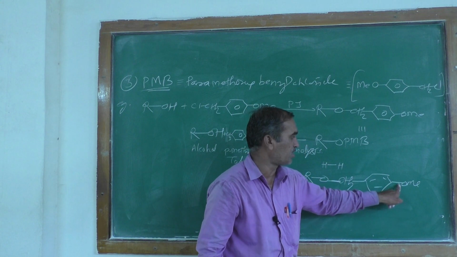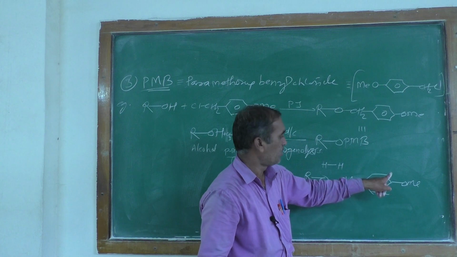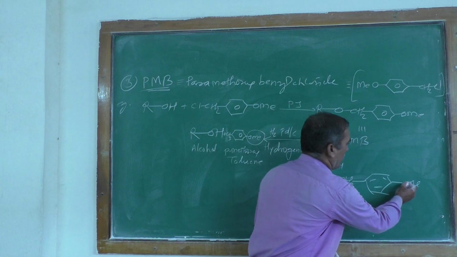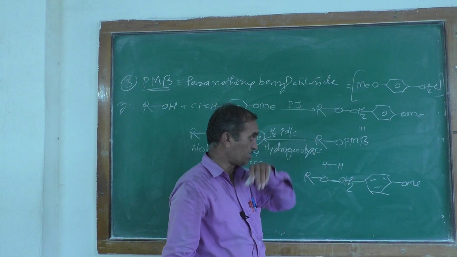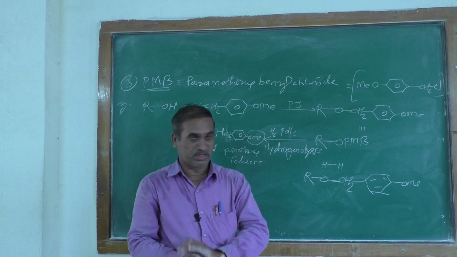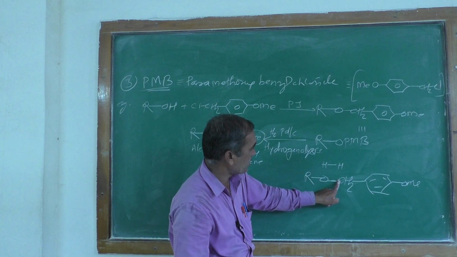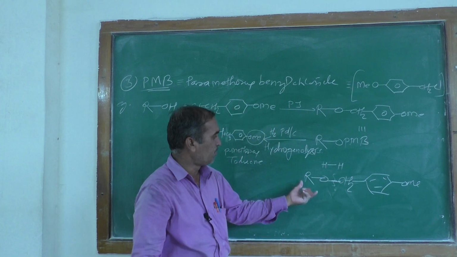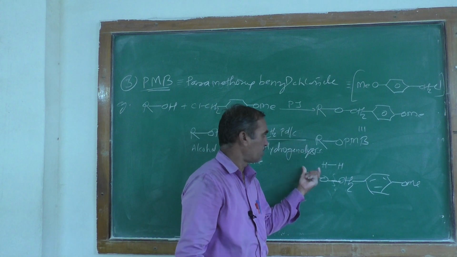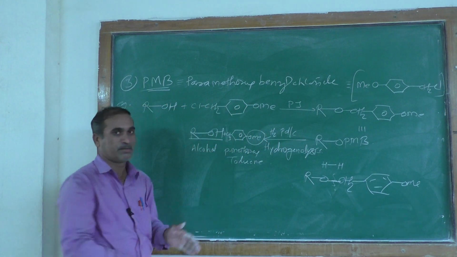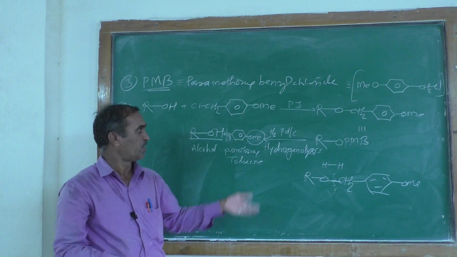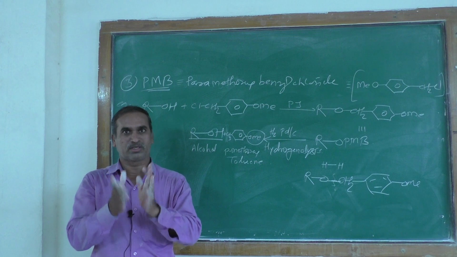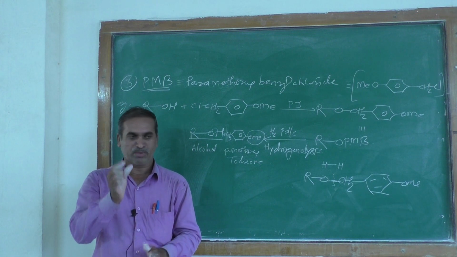This is a benzylic bond, directly attached to the carbon-carbon double bond system, while the carbon and oxygen atom bond does not get broken there, only the benzylic. Benzylic means this sp3 carbon atom, and this bond is going to cleave, and therefore we get the deprotection, meaning we get the original alcohol and the side product. Don't think about the side product, you must focus only on the main products.